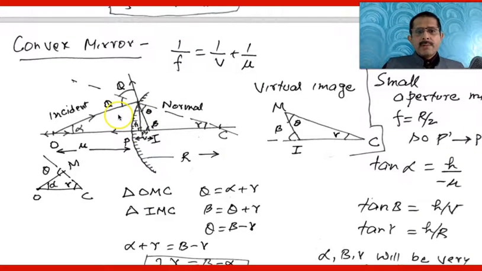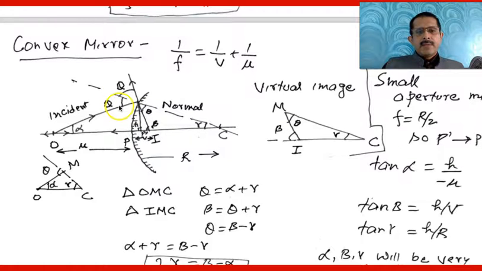Now I'm drawing these two triangles. One is M, I and C. This triangle, I've drawn it here. This angle is theta.